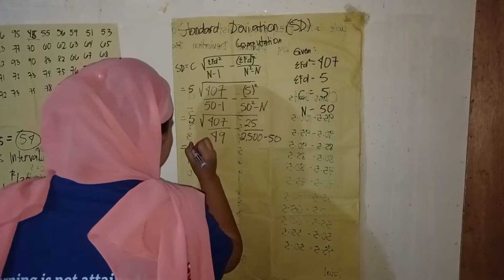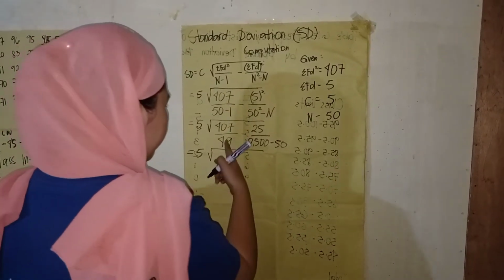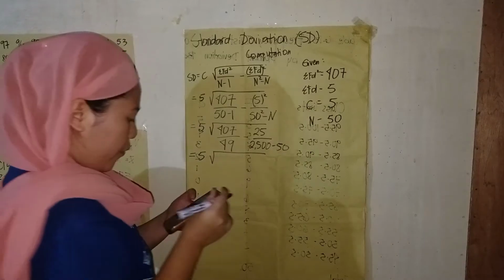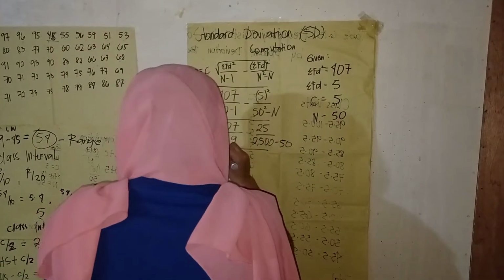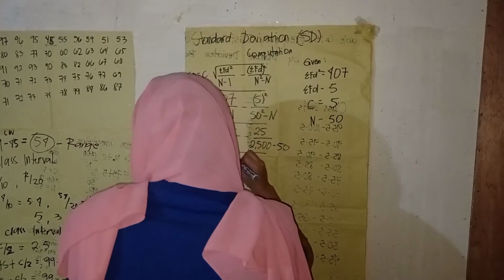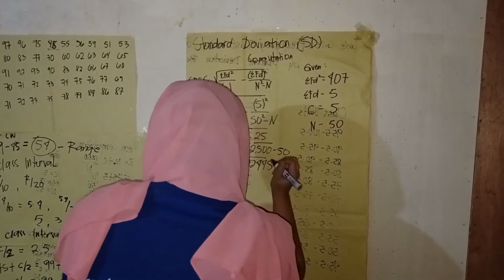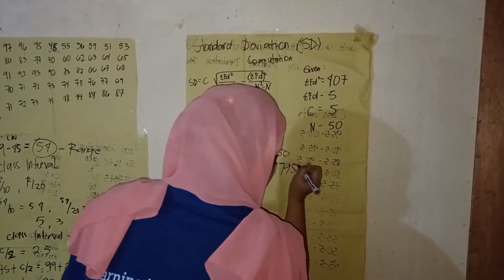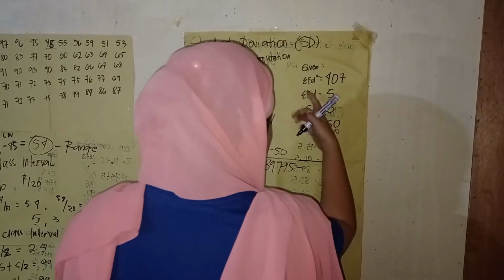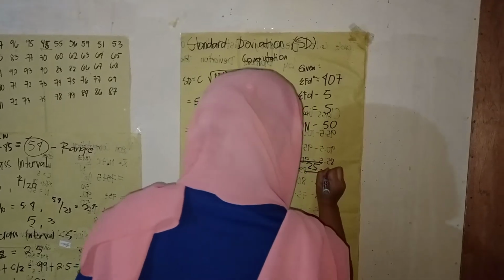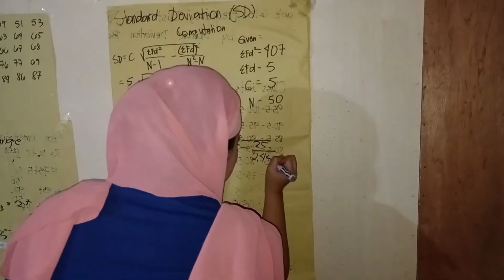So equals our class interval 5 square root of 407 divided by 49 equals 8.30612244898, minus 25 over 2,500 minus 50 equals 2,450.